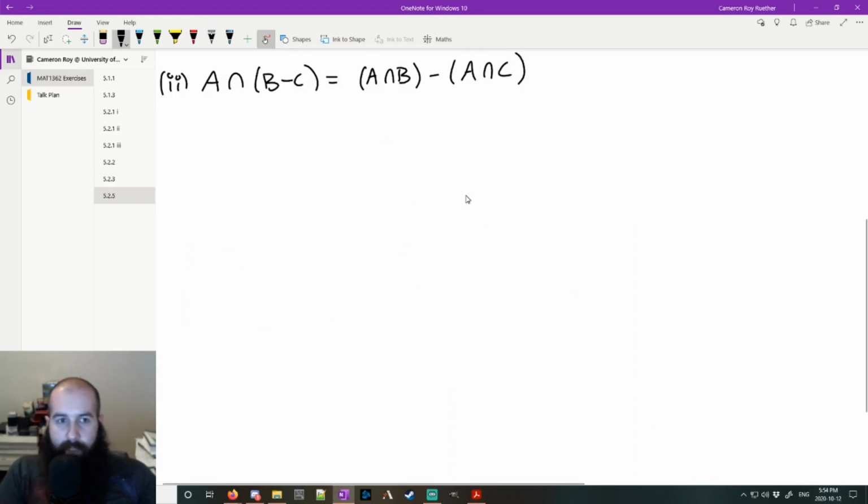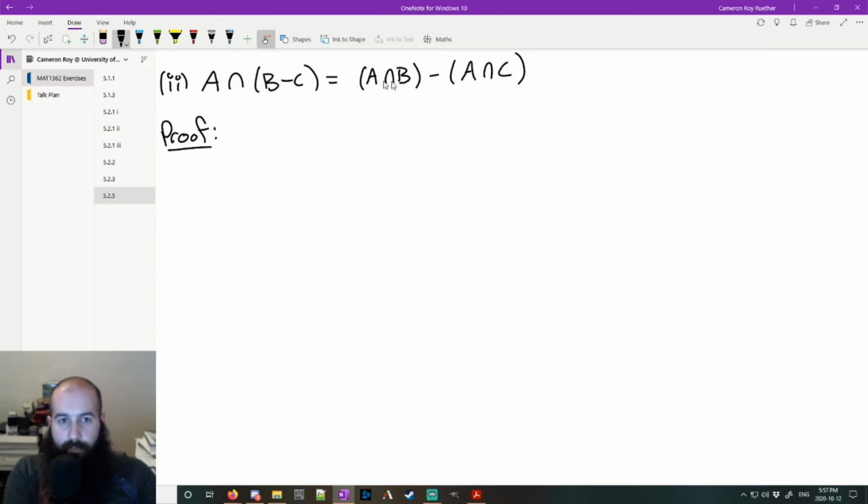Part 2, the last part, asks if this equation is always equal for all sets A, B, and C. And this one does hold. So we can prove it. To prove two sets are equal, we can show that they are subsets of one another.